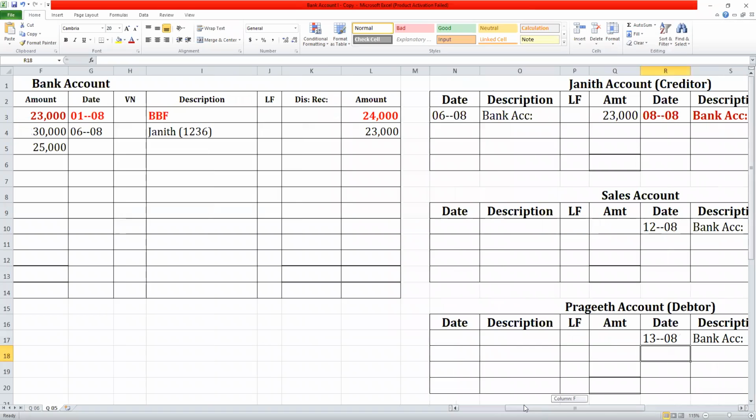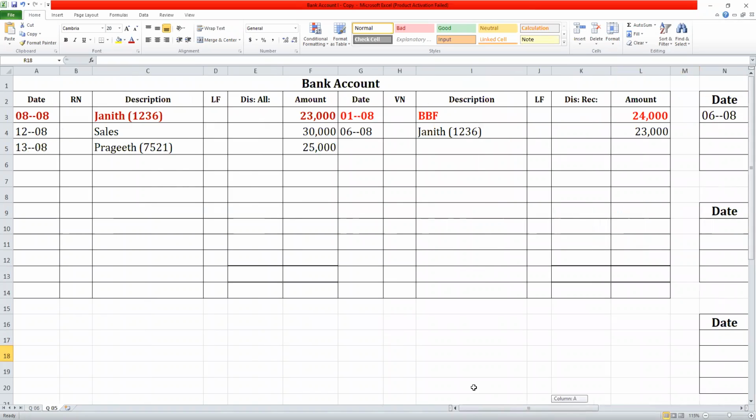Highlight the next transaction. The transaction on 15th of August. Once again, it is a dishonored check. This time, it is a deposited dishonored check. You know how to record it.